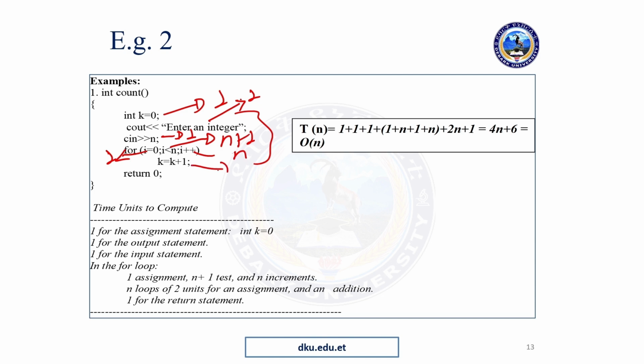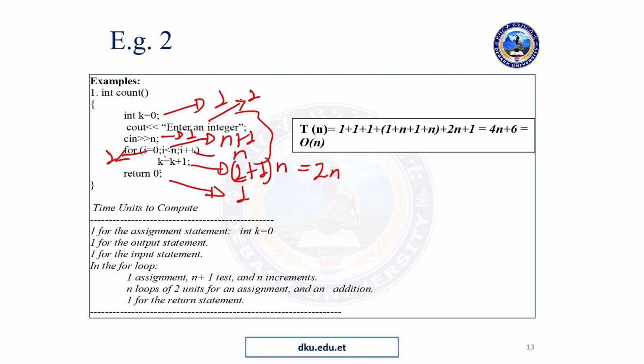And this has an assignment operation and also an addition operation, but this statement is inside the loop, so it iterates n times, so 1 plus 1 times n, right, which means 2n. So this one is the function return, so it will take 1 unit of time.